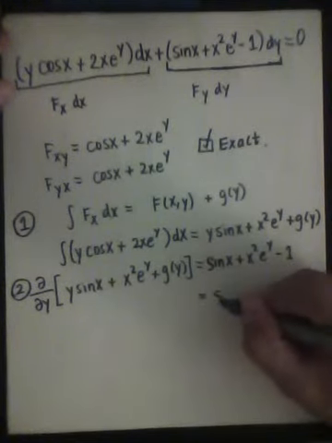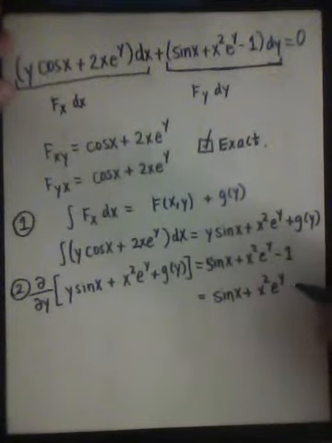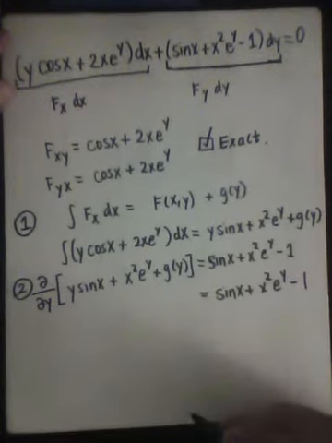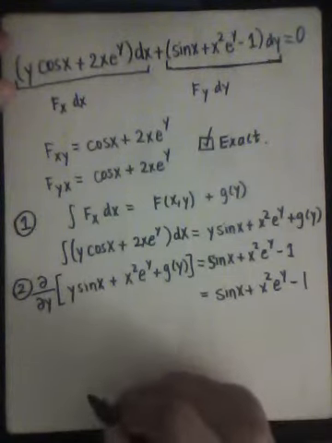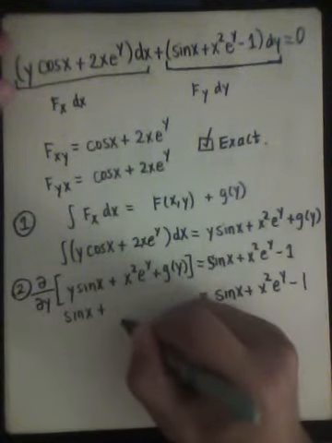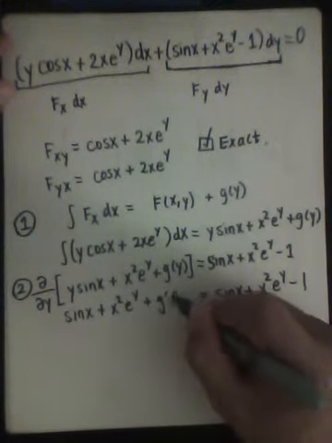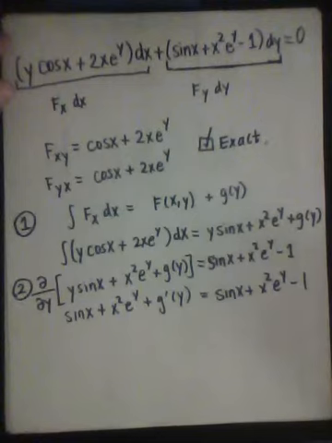So the right side stays the same, sine x plus x squared e to the y minus 1, but the left side becomes sine x plus x squared e to the y plus g prime of y.